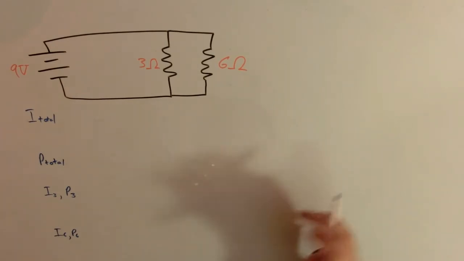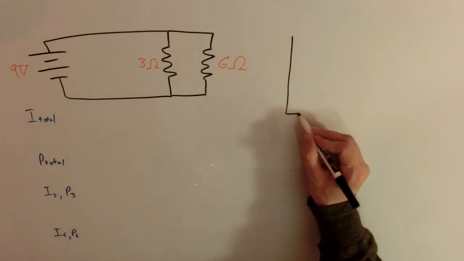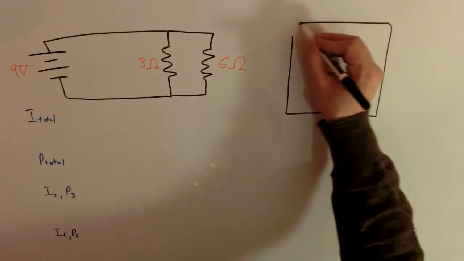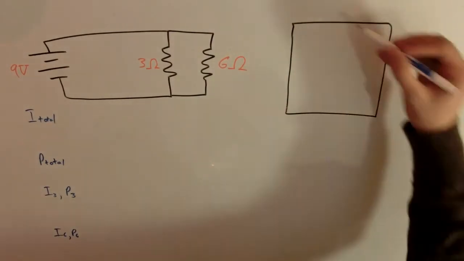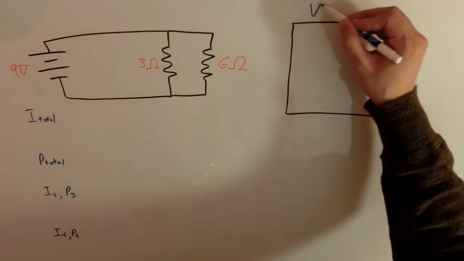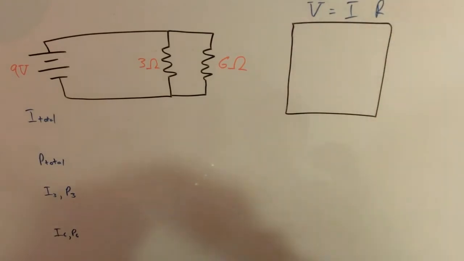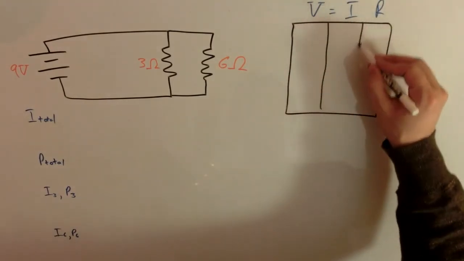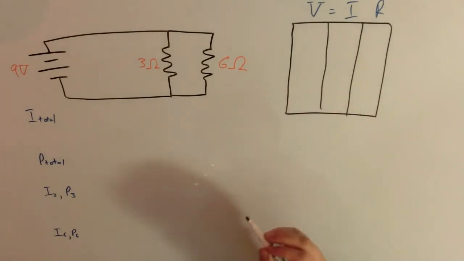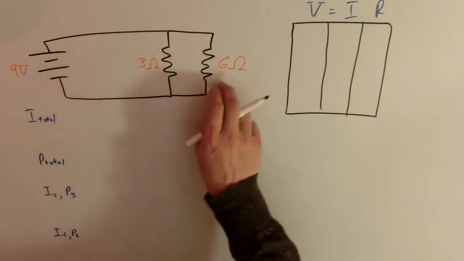Okay, so as I've recommended, when we're solving circuits, we want to make a chart with V equals IR. Got my 3 columns. And in this case, I've got only a couple of components to keep track of. 2 different resistors.